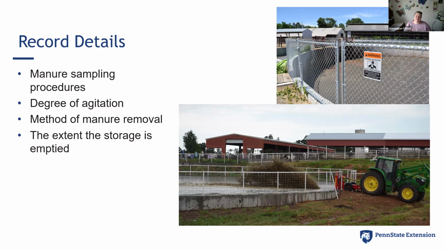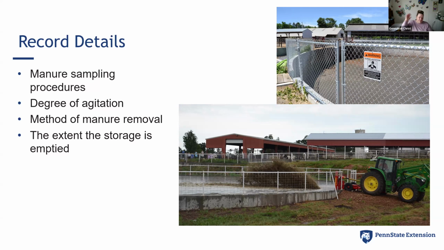Did agitation continue while emptying was happening? How were we removing the manure? Was it a liquid tank being emptied? Was it bedded pack and skid loader loads were being used to remove that manure? Was it being turned over into a stockpile? And how much of that storage was actually emptied?